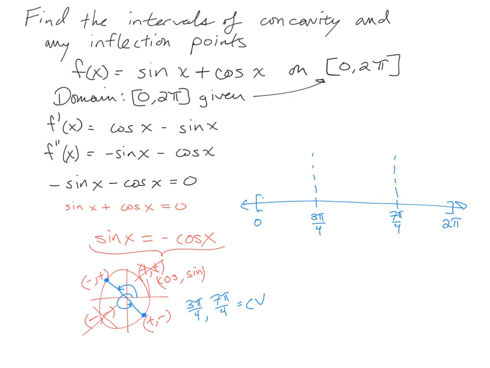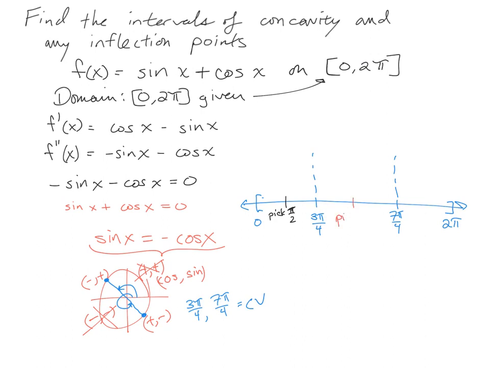So we just have to pick values between 0 and 3 pi over 4. Now you know that pi over 2 is a good one to use, because it will be easy to figure out in a trig equation.